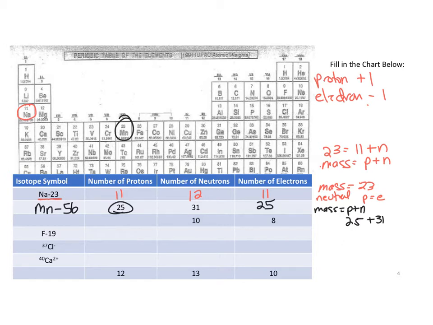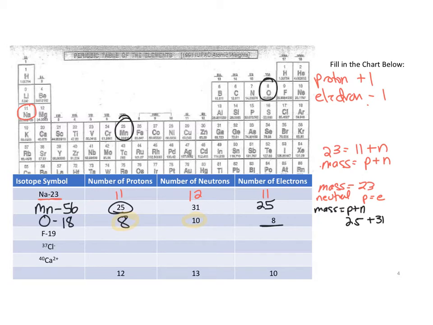All right, so we're going to assume that this next one's neutral. If it has 8 electrons, we're going to assume that it's 8 protons. And so we're going to look for 8. 8 is oxygen. And then the mass is going to be, we're going to add the protons plus the neutrons together, which will give us 18.